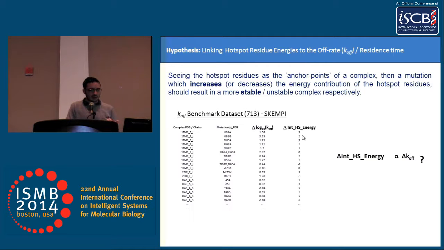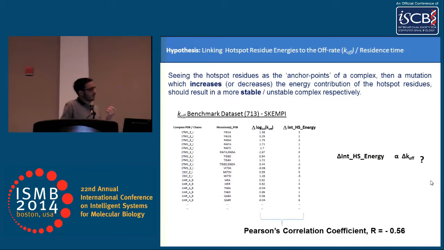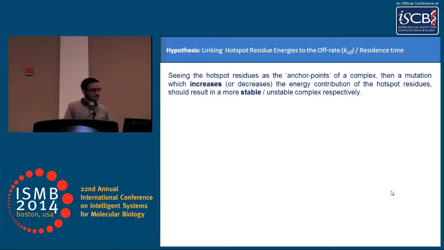To check how well this correlates to change in K-off, we calculate the Pearson correlation coefficient, and we find a correlation coefficient of minus 0.56. This is interesting because we have a reasonable correlation, so there is some evidence that this might hold. And the negative sign implies that an increase in the hotspot energies results in a decrease in the off rate.